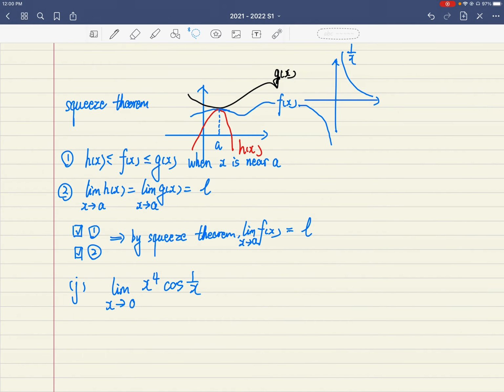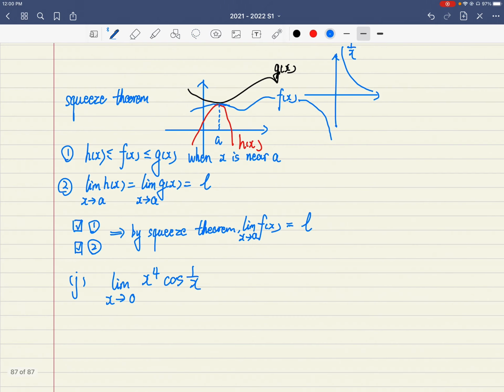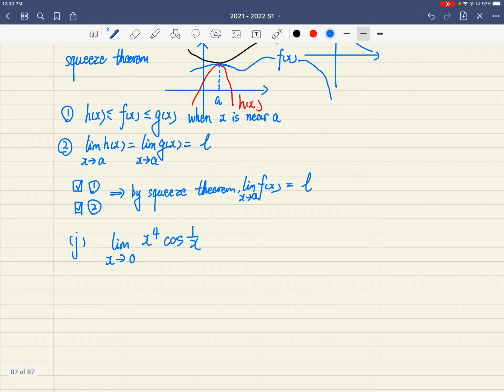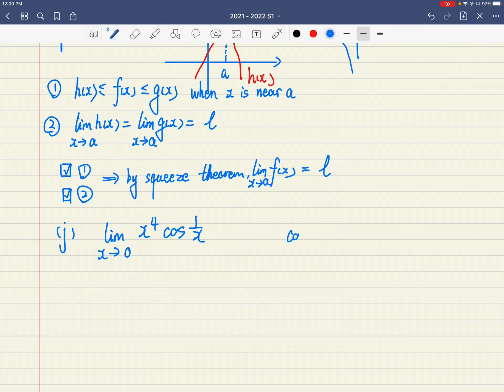Okay, so for this question J, why do we even think about using squeeze theorem? That's all because of the nature of cosine. Cosine of any angle is always between -1 and 1. No matter what you put into a cosine, its value is always between -1 and 1.